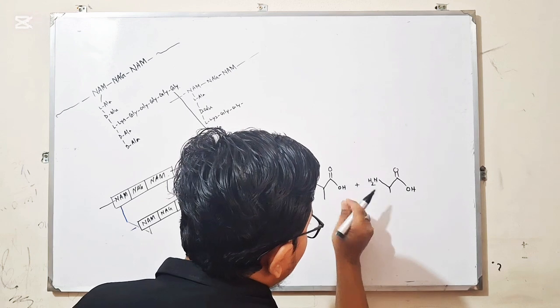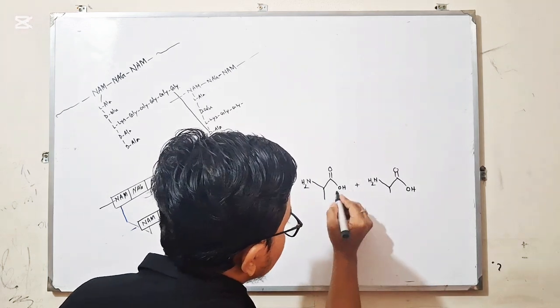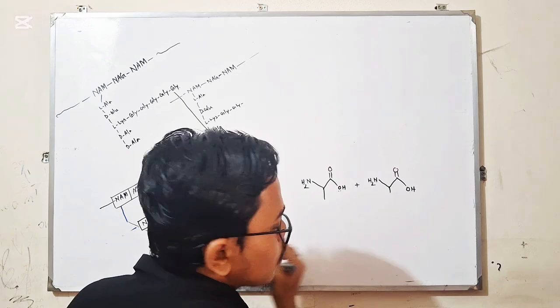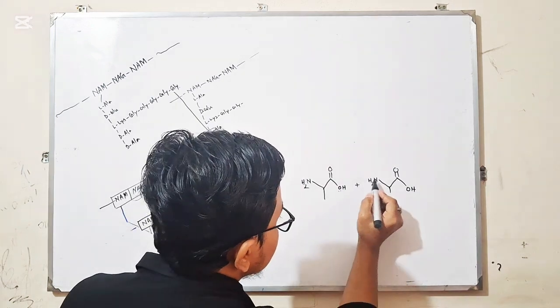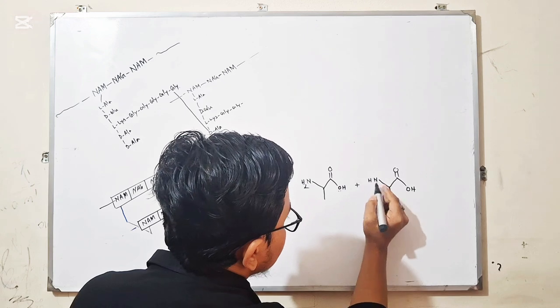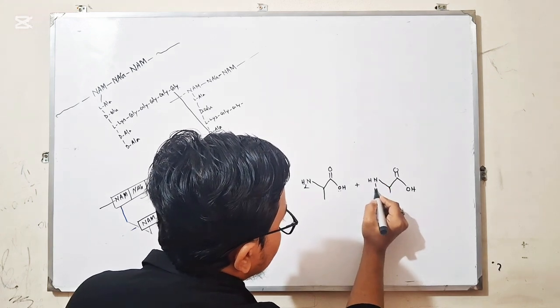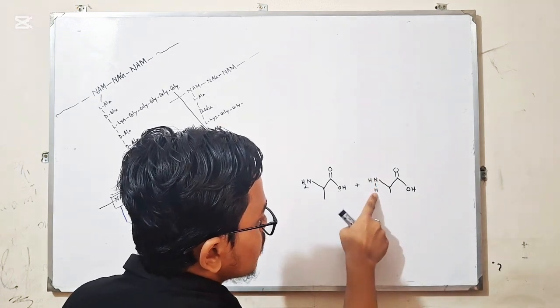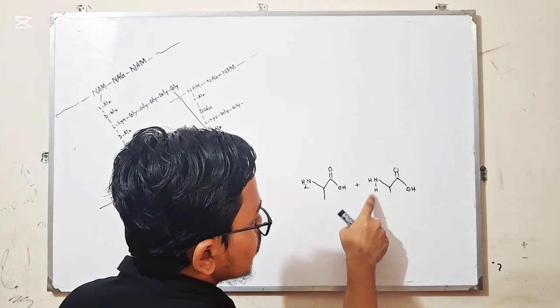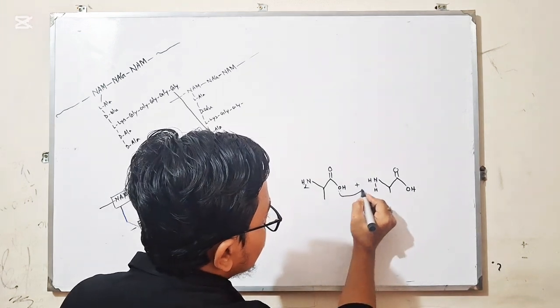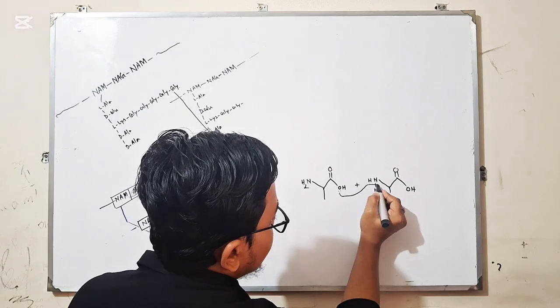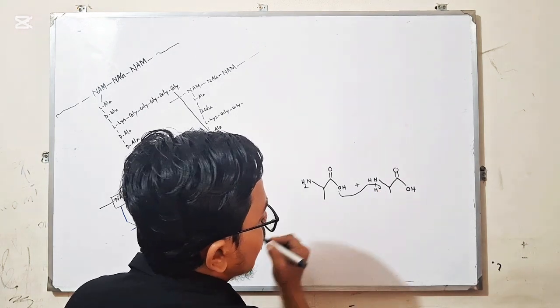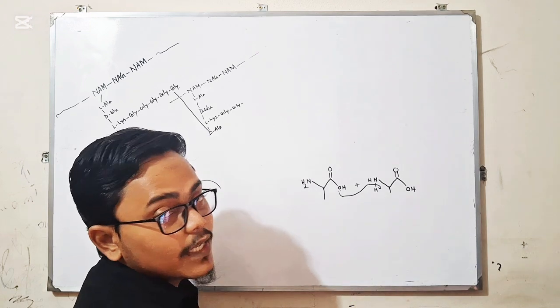The oxygen of the OH has a lone pair and will try to take, if I simplify this bond, we can write it this way, and this lone pair will attract this hydrogen.